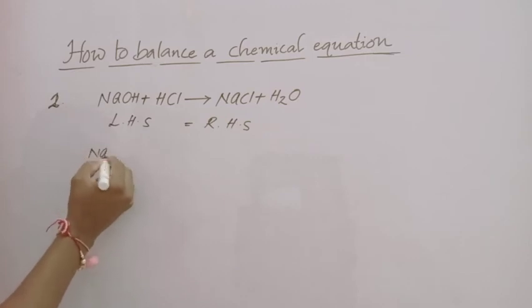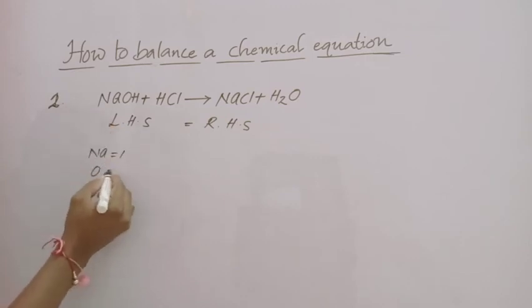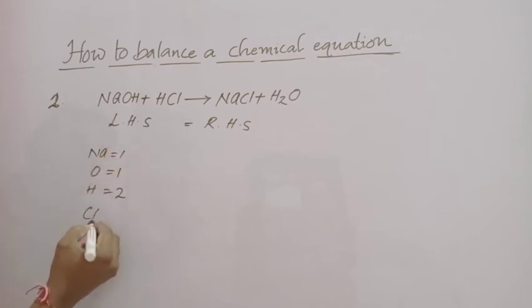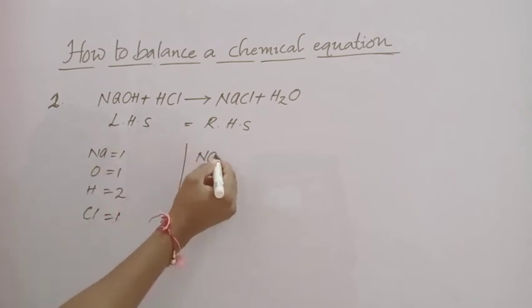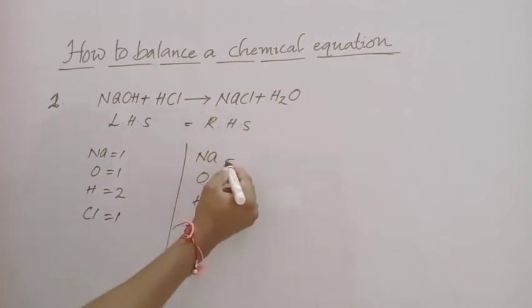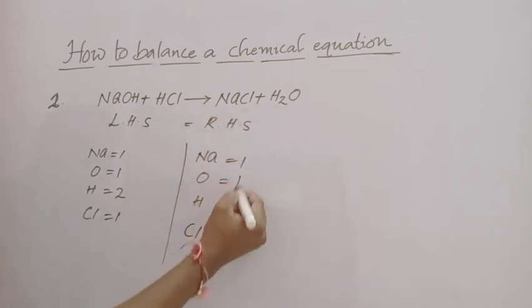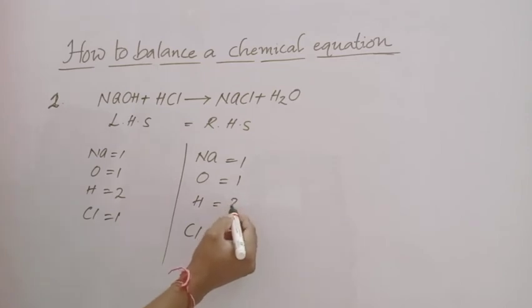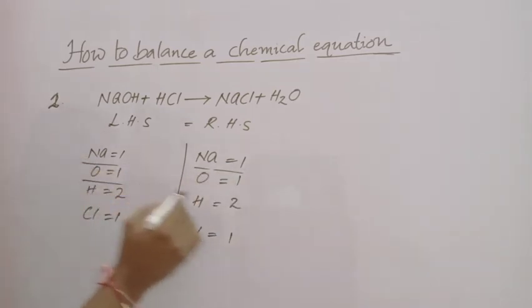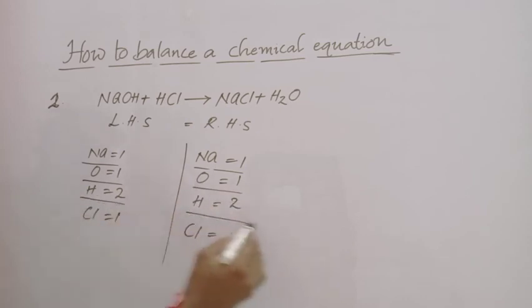Already you know very well, LHS is equal to RHS. How many sodiums are present? 1. How many oxygens? 1. How many hydrogens? 2. How many chlorines? 1. On the right side also, sodium 1, oxygen 1, hydrogen 2, chlorine 1. So that equation is already balanced.